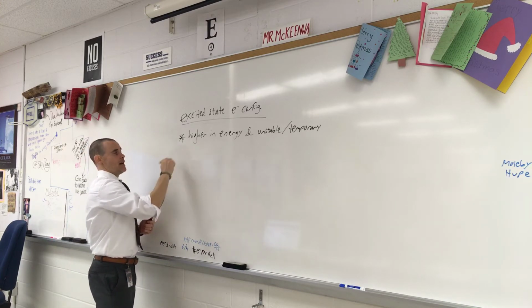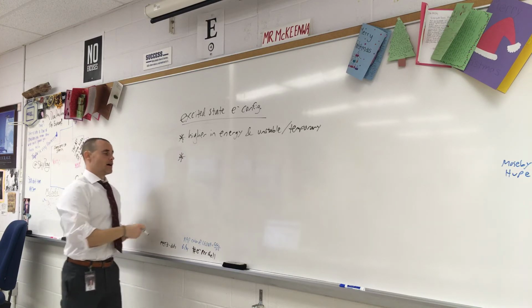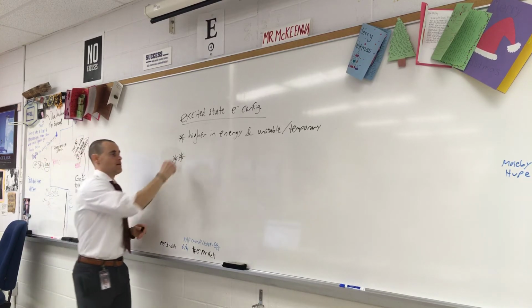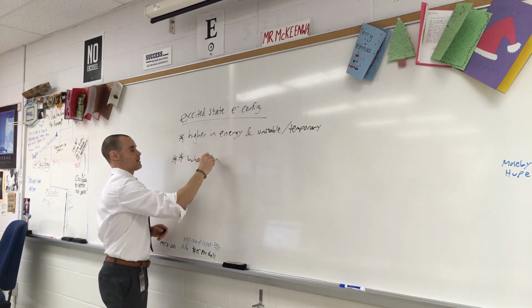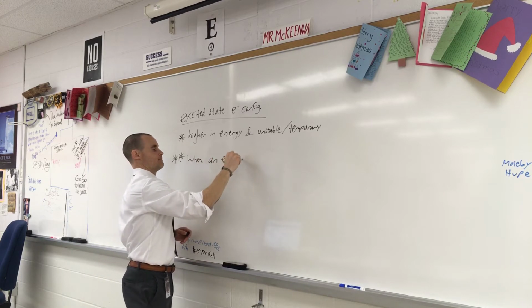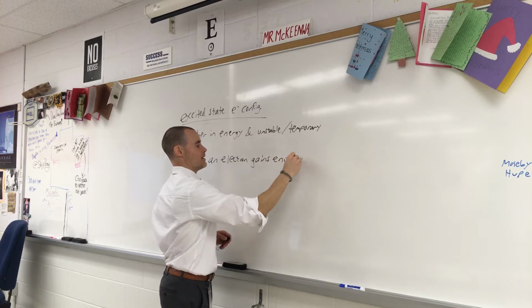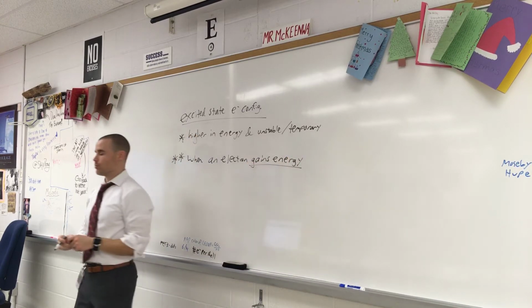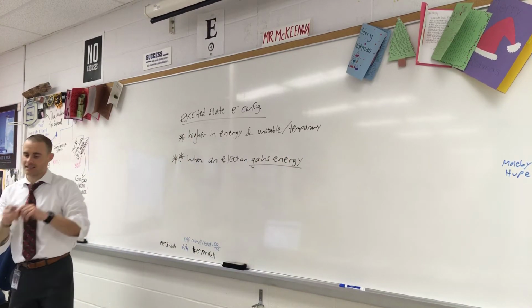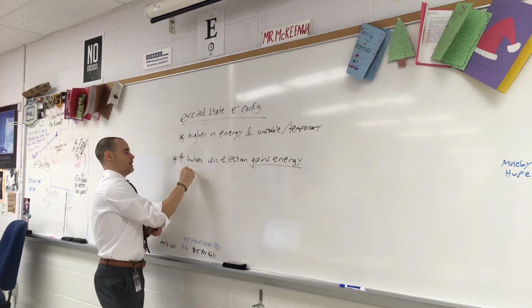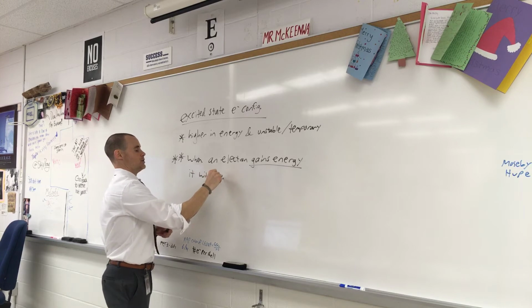I'll talk about that in a minute. Higher in energy, and I guess we could give this 2 stars, because this explains what this means. When an electron gains energy, underline gains energy, that is the key. That is the most important thing to remember. It has to gain energy first. When an electron gains energy, it will "jump."